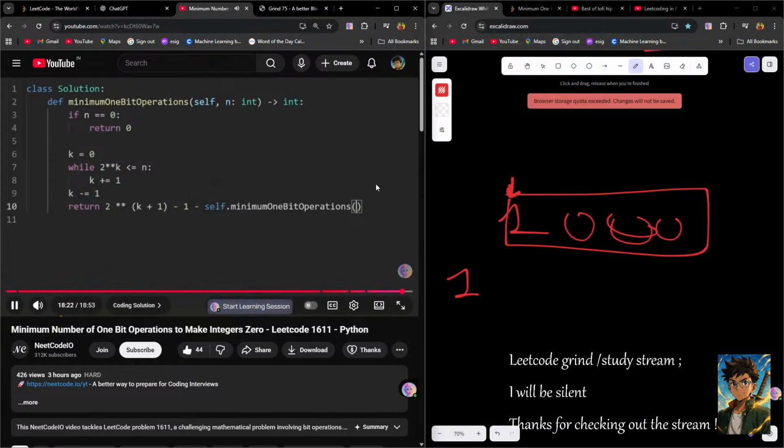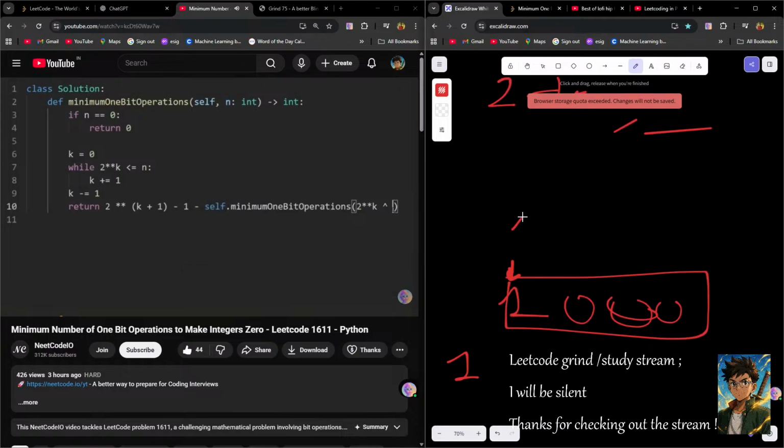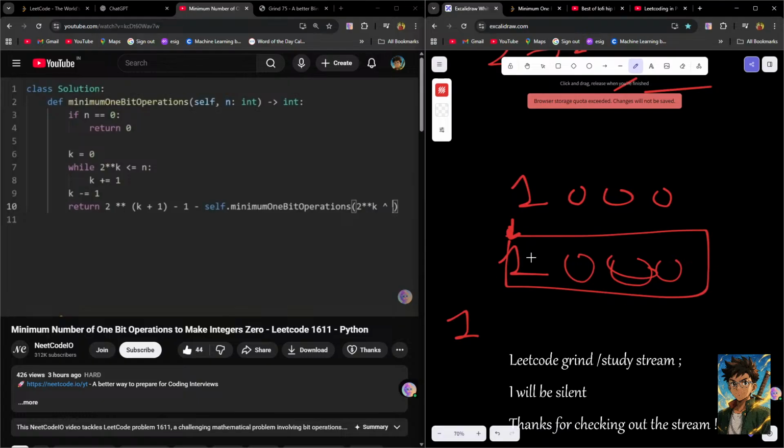We use the exclusive OR operator, which is going to take the current number, which is 2 to the power of k, and then exclusive OR it with our input number n, and that will give us the remaining number.